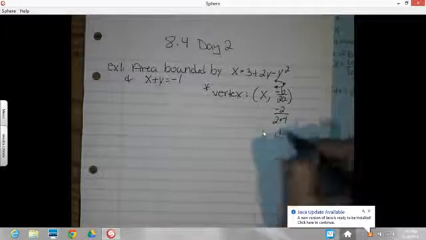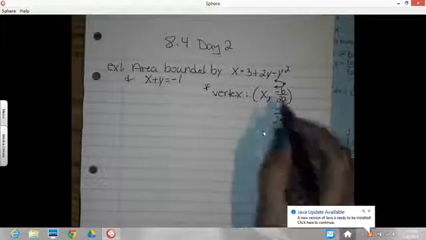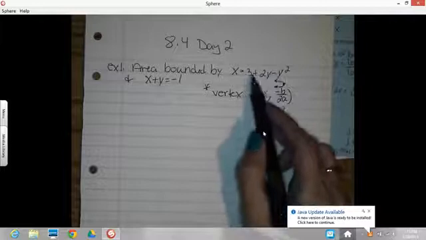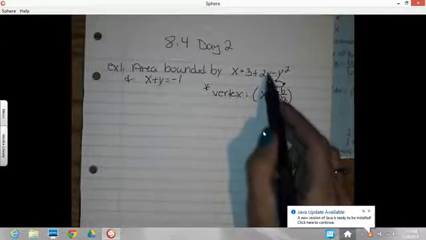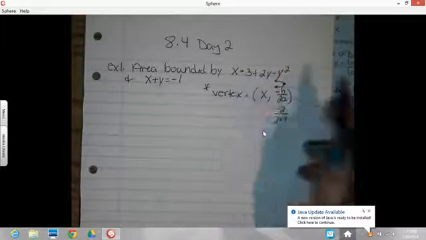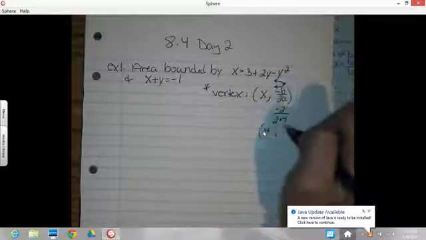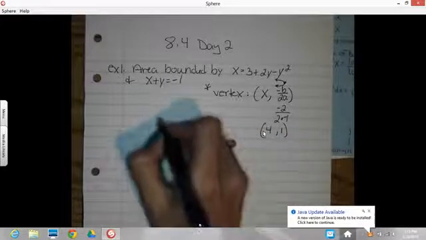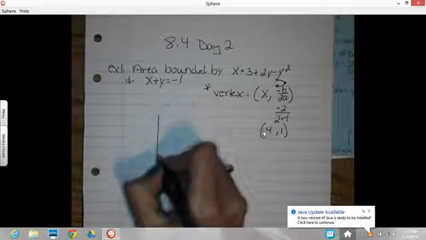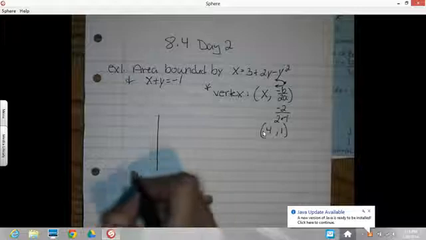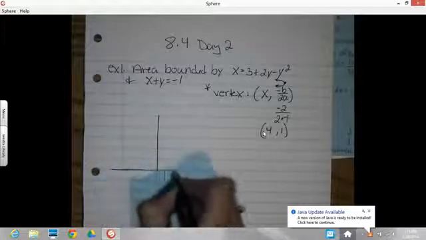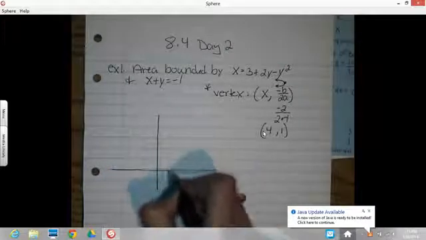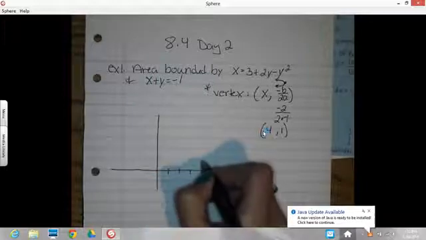So it'll be 3 plus 2 minus 1, that's 4. So our vertex is at 4, 1, and I know it opens to the left. Okay, there's my vertex, 4, 1, opens to the left.